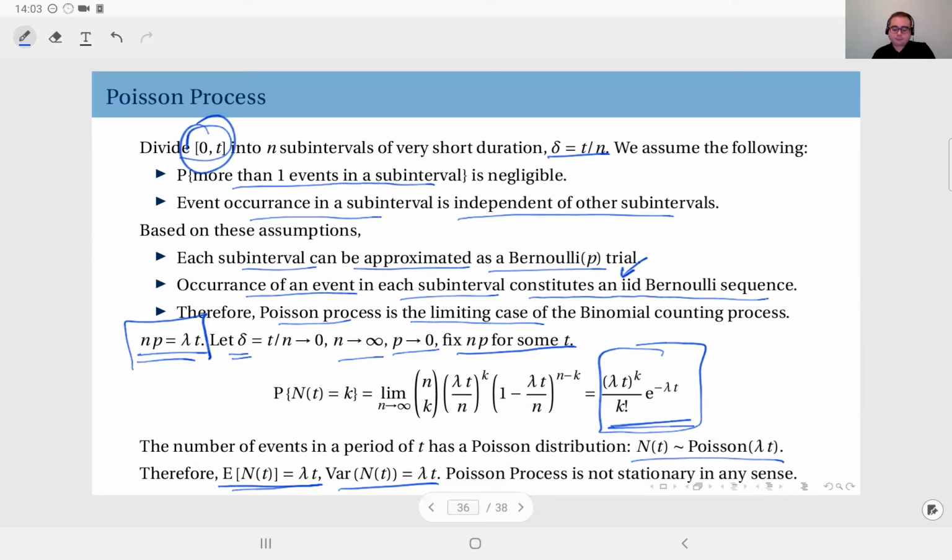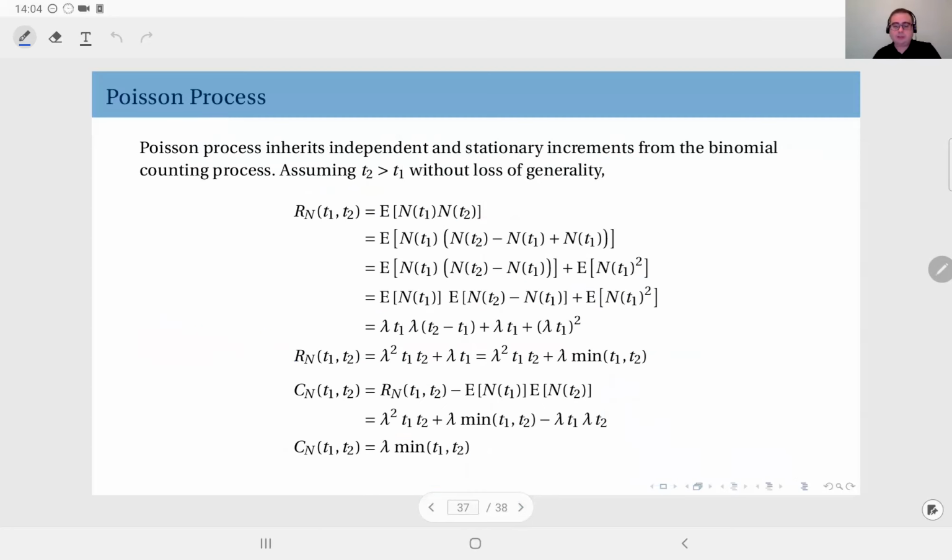That means the expected value of events being dependent on time is not unreasonable. So the Poisson process is not stationary in any sense. It has dependence on time in distribution also. And let's look at the autocovariance or autocorrelation functions.